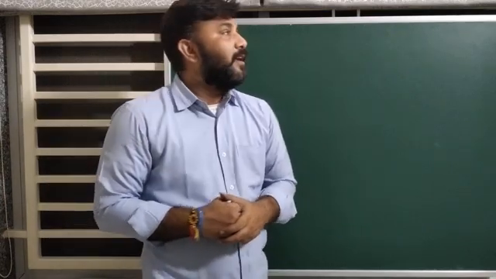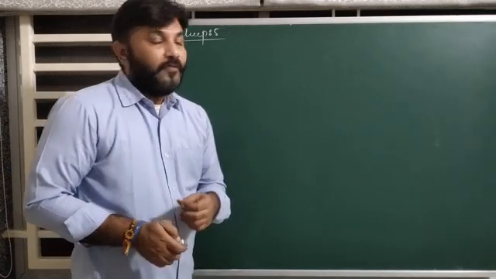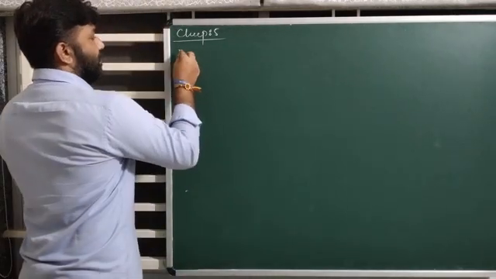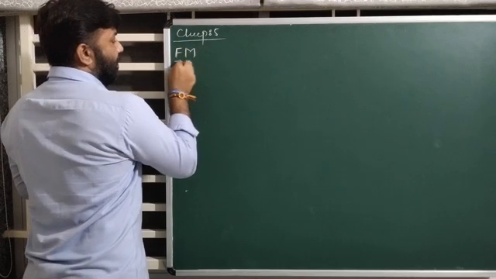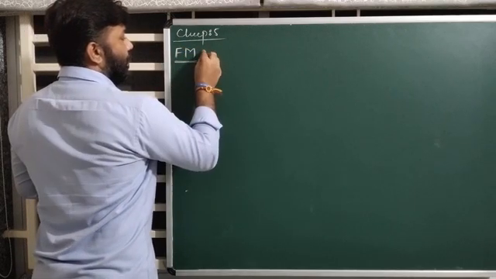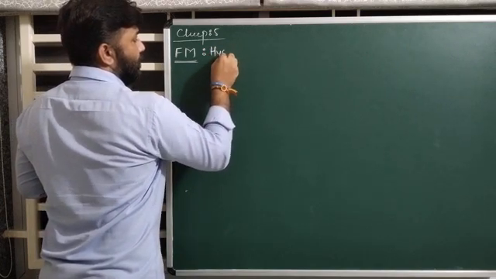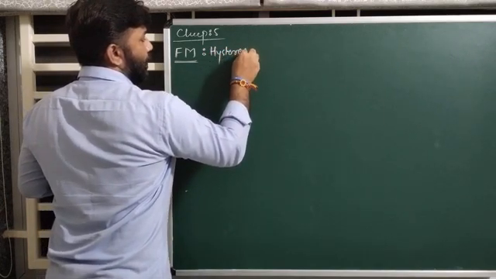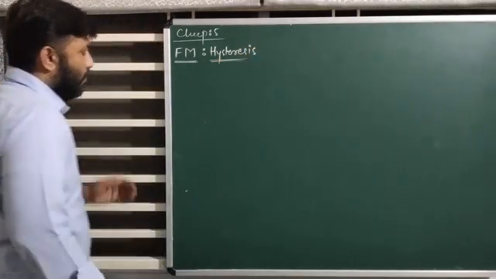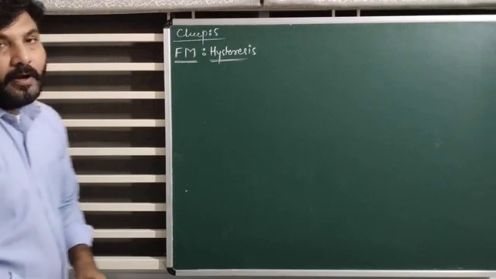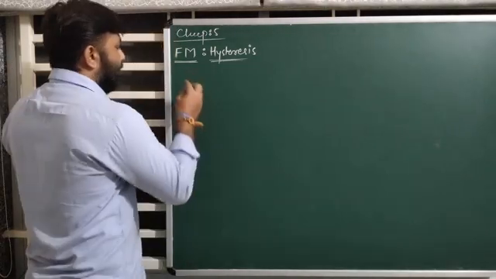So students, in chapter number 5, in this revision video, we are going to discuss FM. What is FM? FM is nothing but ferromagnetic material, and in this FM, we are going to discuss hysteresis. Clear? So first of all, we have to know what hysteresis is, right?